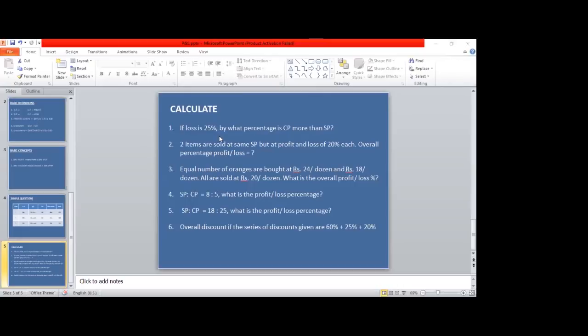Sorry, 5% loss in question three is close, Sharan. I'll discuss it, but it's a fair approximation. Fourth is clearly 60% profit indeed.